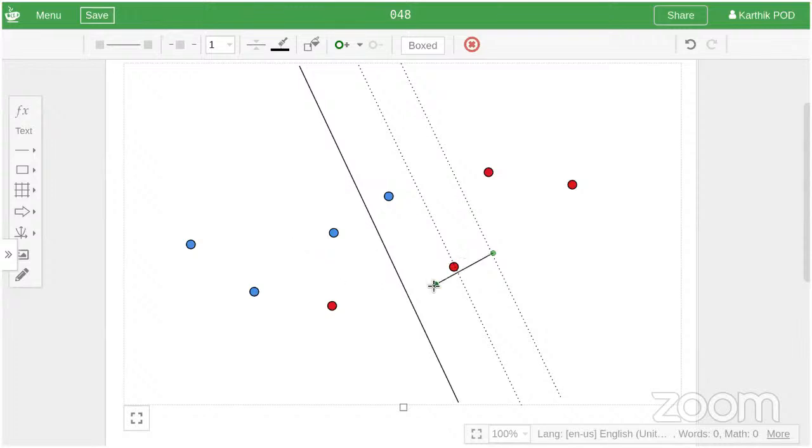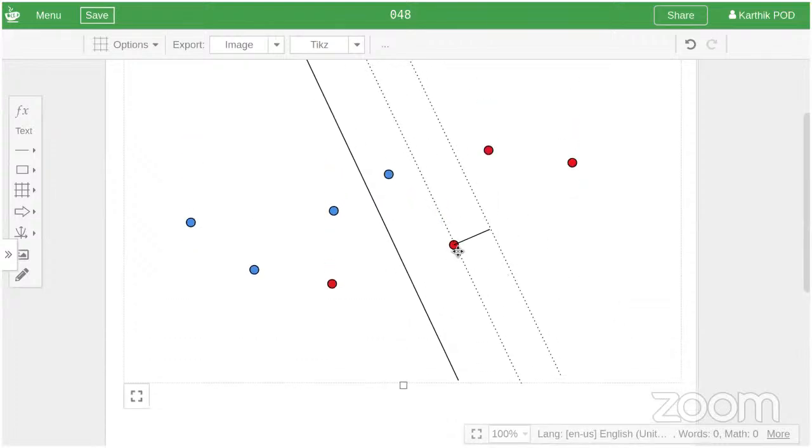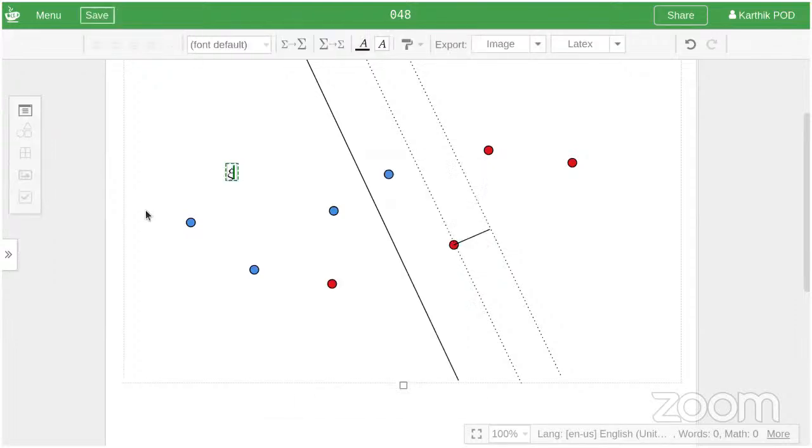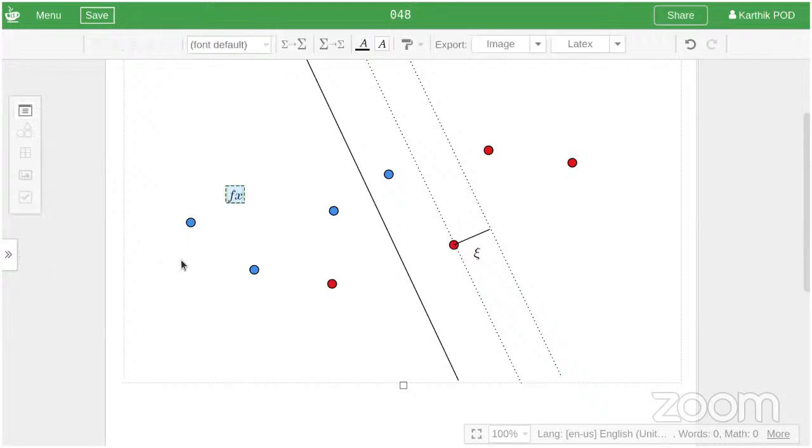So earlier we wanted all points to be to the right of this line. Now for every point, I'm giving you some slack, and I'm calling the slack ei, and I'm saying that you don't need to be to the right of this line.